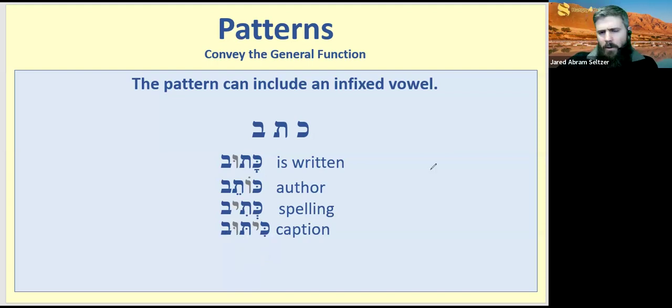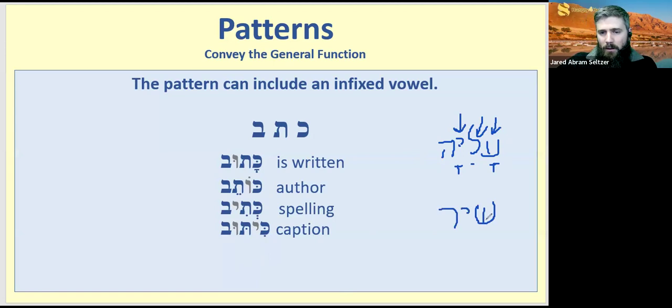Can it be part of the root? Oh, yeah, absolutely. Remember earlier when we said aliyah? Here, the yod is part of the root. There's your first root letter, there's your second. So where's your third? It's either missing or it's a yod, and it's a yod.